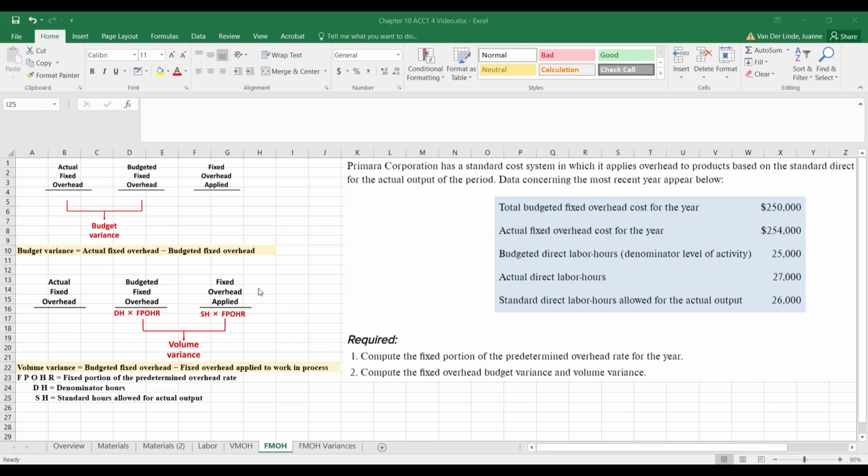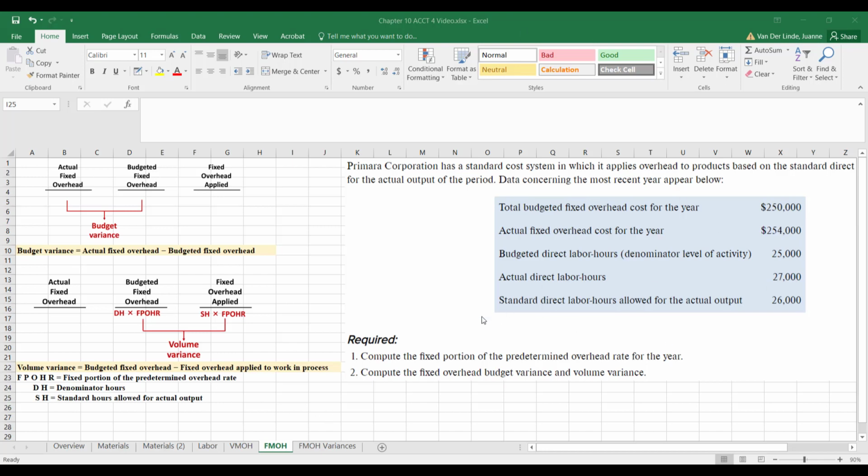So to find the fixed overhead applied to production, we'll have to find just the fixed portion of the POR first, and then multiply that by the standard hours allowed for the actual output. The fixed POR is just the fixed portion of the regular predetermined overhead rate.